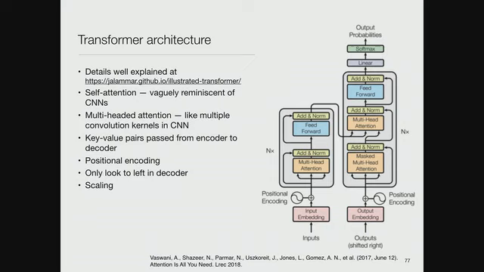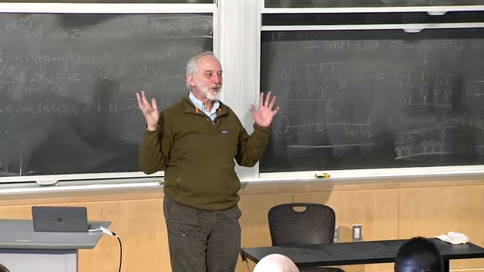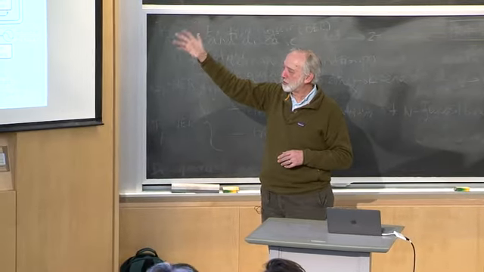And then you do this 6 times or n times. And that then feeds into the generator. And the generator then uses a very similar architecture to calculate output probabilities, and then it samples from those in order to generate the text. So this is sort of the contemporary way that one can do translation using this approach.